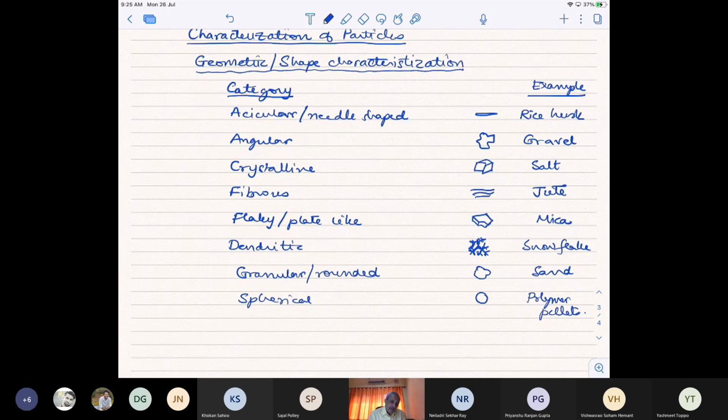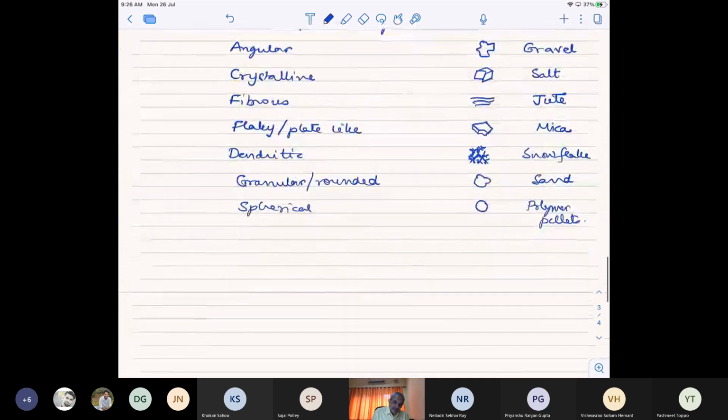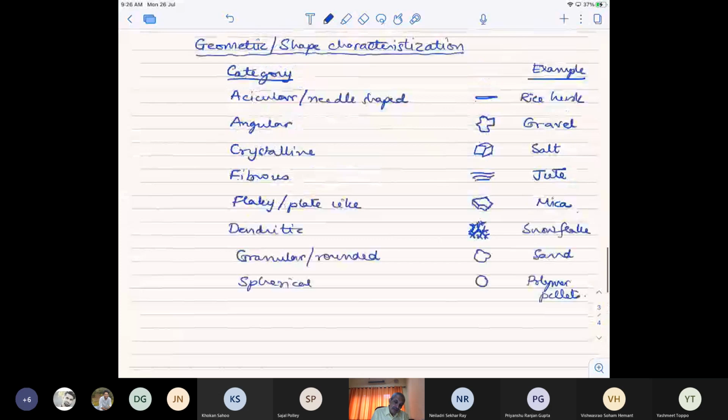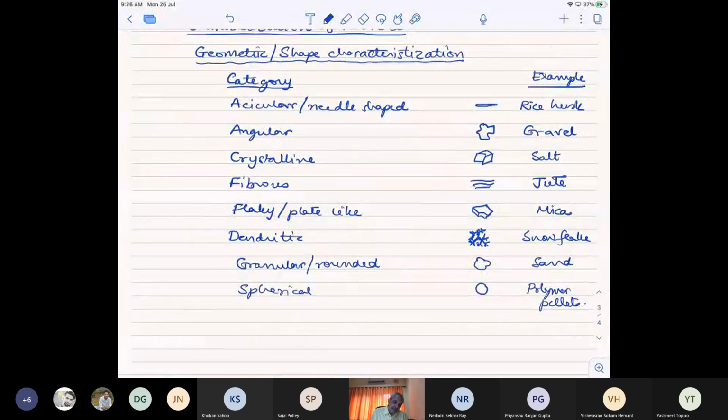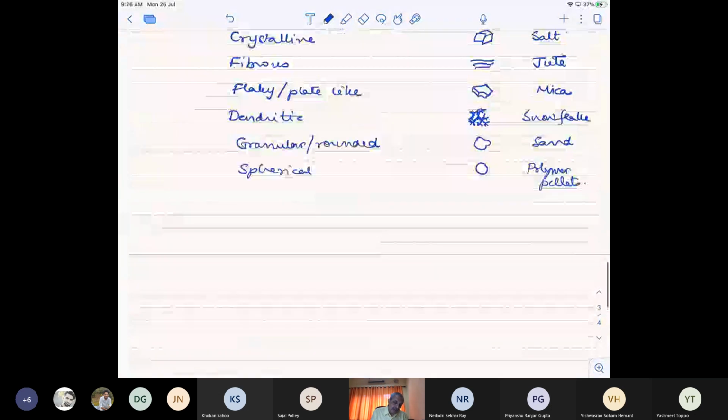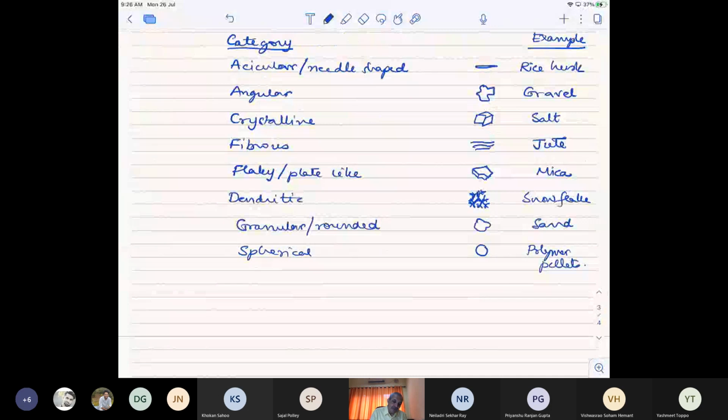So this just helps: once you have things classified, then if you're trying to choose some equipment, the manufacturer will tell you that my product is good for angular particles, or it's good for fibrous particles or whatever. So then you can choose that particular one.